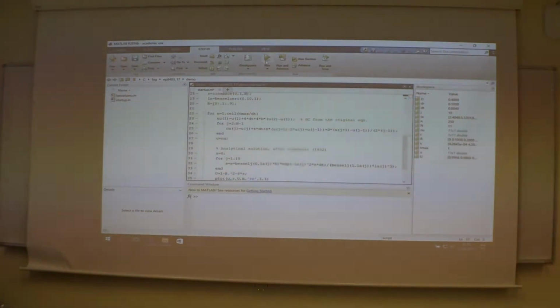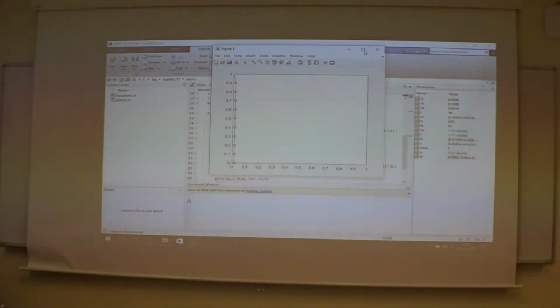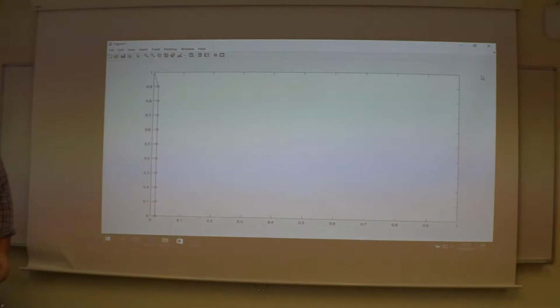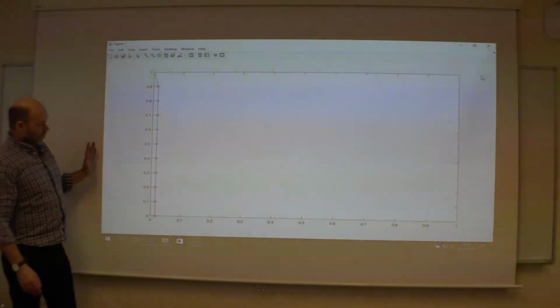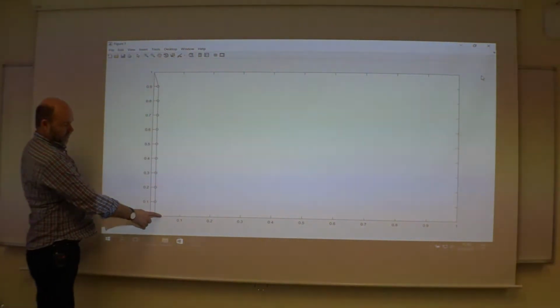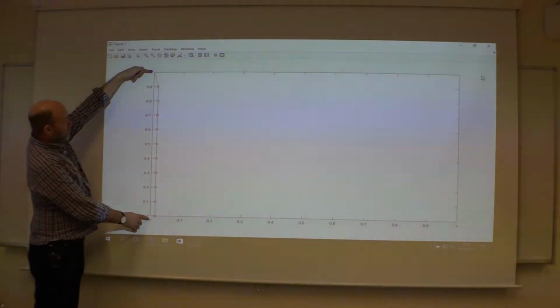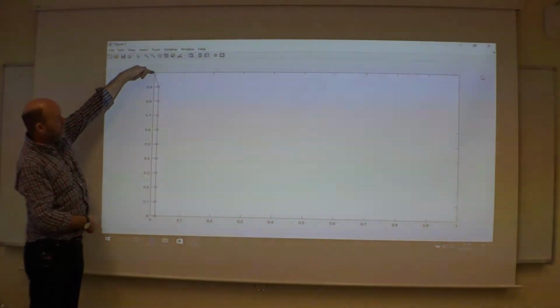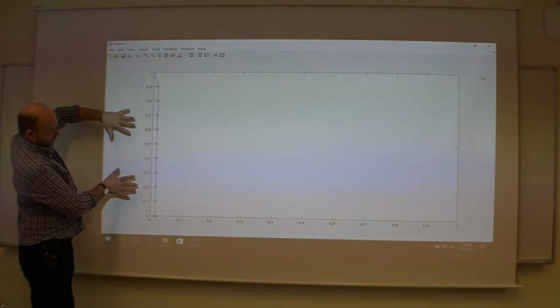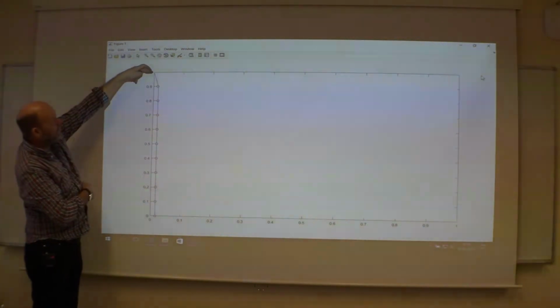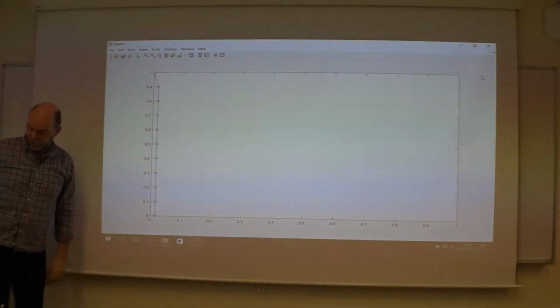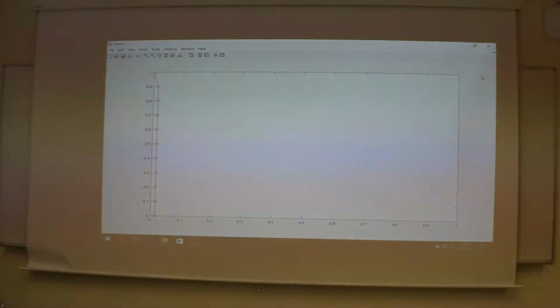There we go. So here is my center in the pipe. Here is the wall. 0 velocity here. And at the first time step, yes, everything has started to move, but I still have 0 up here. And then we can step the solution forward in time.